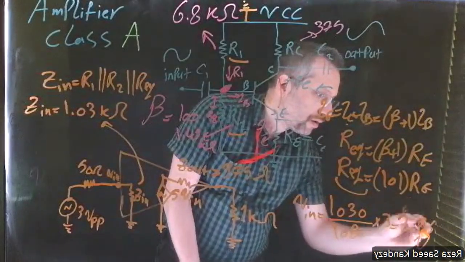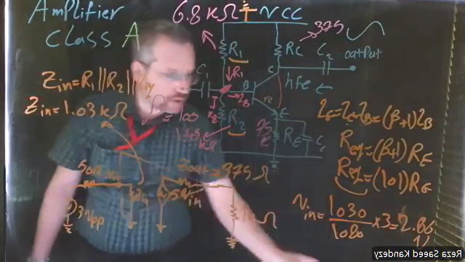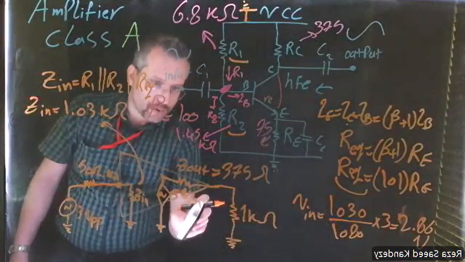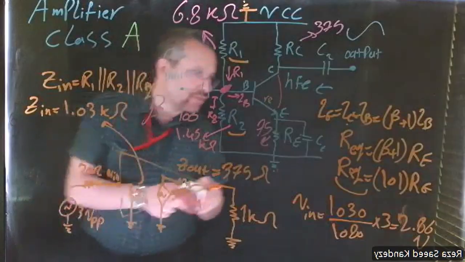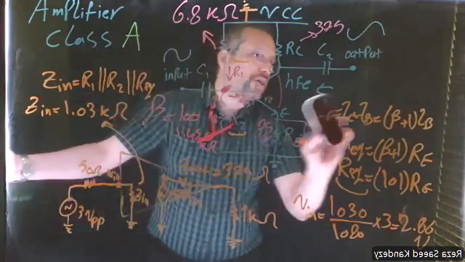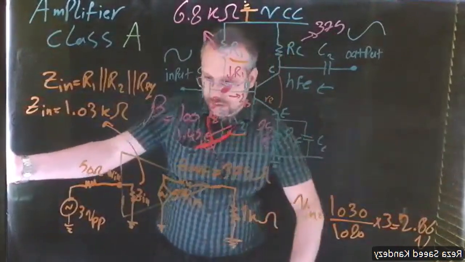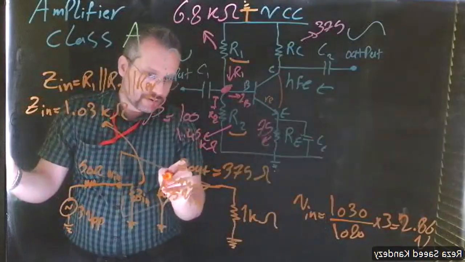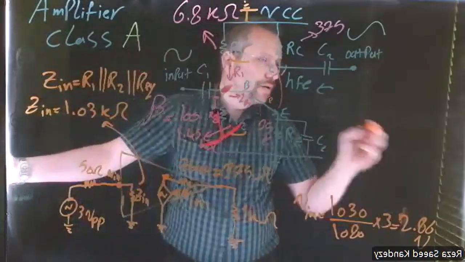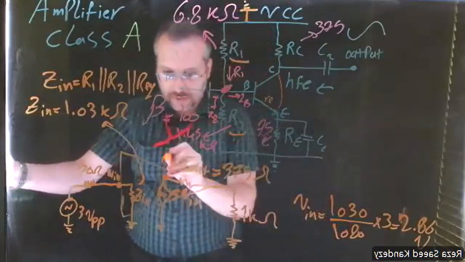2.86 volt. So here is 2.86. Now, 5 times of that is going to be this voltage source. So I'm going to erase here. The voltage here is going to be, let's say, V1.